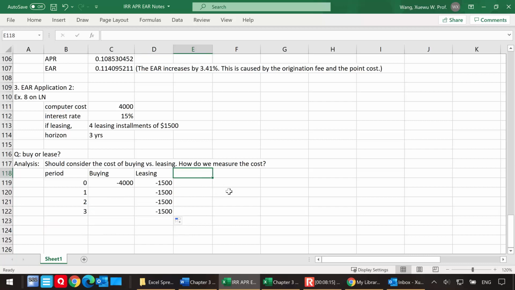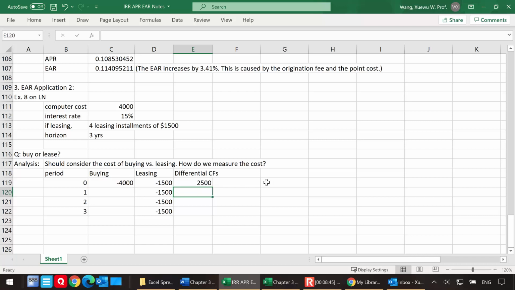All right, so now I want to actually look at some kind of difference between these two cash flows. I'm going to call this differential cash flows. Some of you might be turned off by this name, but really it's nothing but the cash flow from the leasing option minus the cash flow from the buying option.